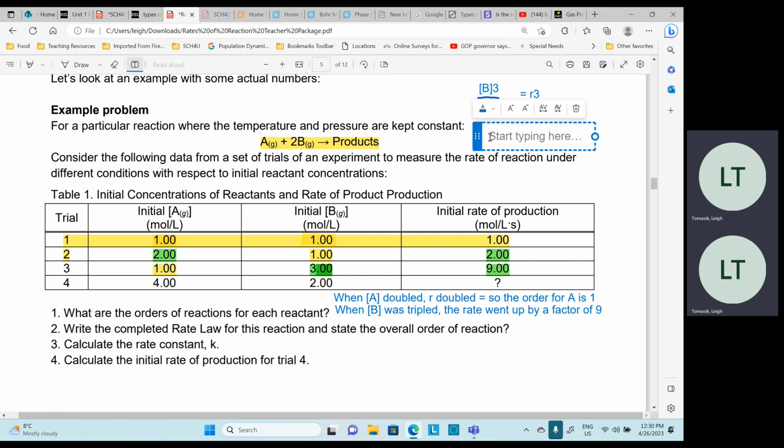Well, we know that the concentration in trial 3 was 3 times the concentration in trial 1, and we know that the rate went up 9 times.